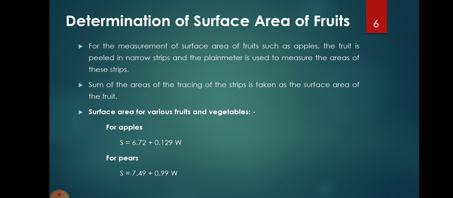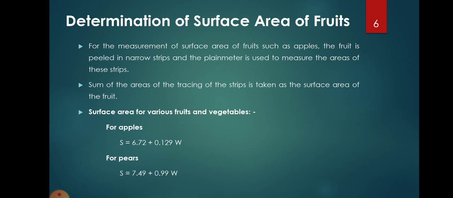There are certain formulas which are also used to find out the surface area of various fruits and vegetables. For example, for apples, we use the formula S = 6.72 + 0.129 W, where W is the weight of the object.